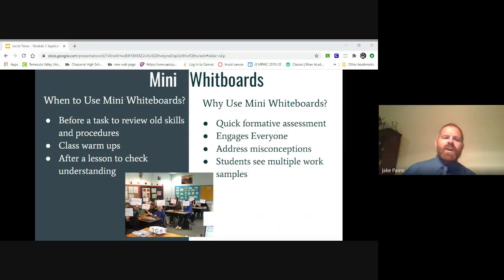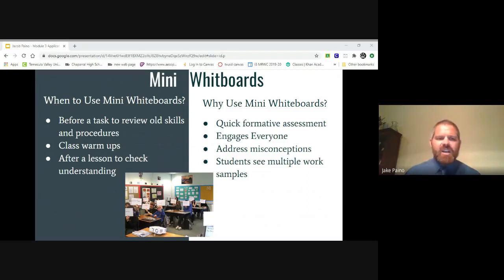When do I use mini whiteboards? To be honest, I use them mostly for warm-ups, just to check prior knowledge of prerequisite skills that are about to be used for the day. But that also holds true before a task. If you know that the task is going to require a lot of factoring, then a good lesson to do before the task would be mini whiteboards on factoring.